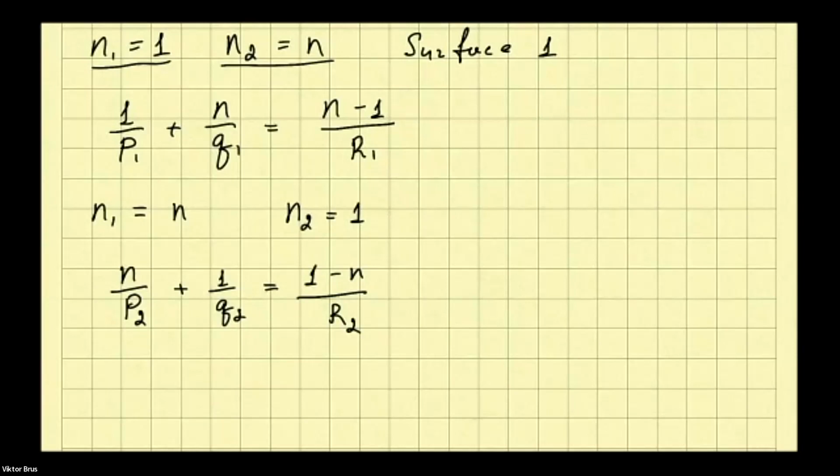Now we need just symmetrically consider that the image formed by first surface serves as an object for the second surface. For that purpose, P2 can be expressed as minus Q1 plus T. So we consider, let me show this image again, make it more clear.